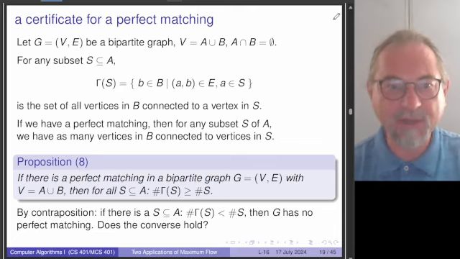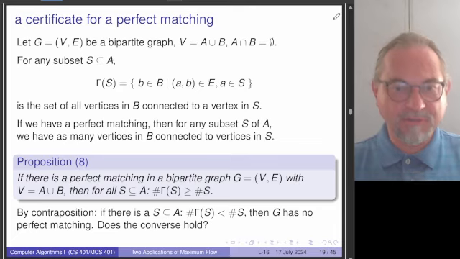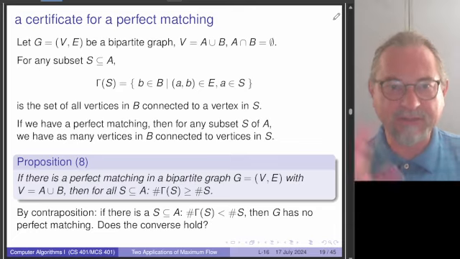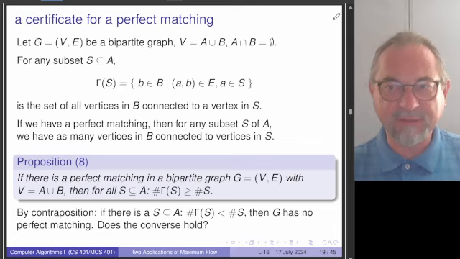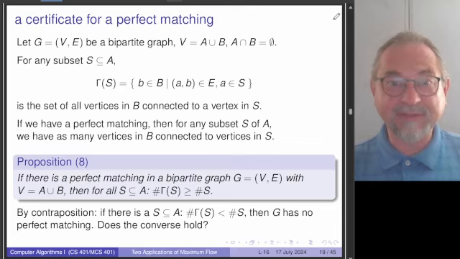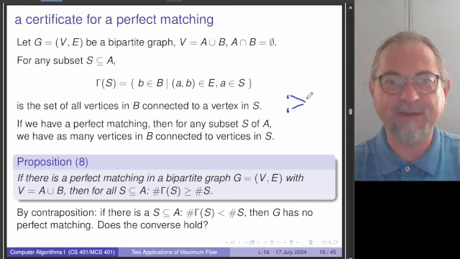So here is the proposition. If you read this proposition backwards, if you take the negation of the then statement, for all becomes there is a subset such that the cardinality of gamma is less than the size of the set S. That's actually again the case where you had 2 points in A and they were connected only to one.